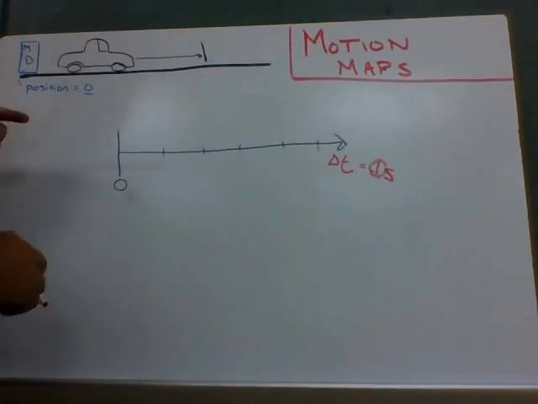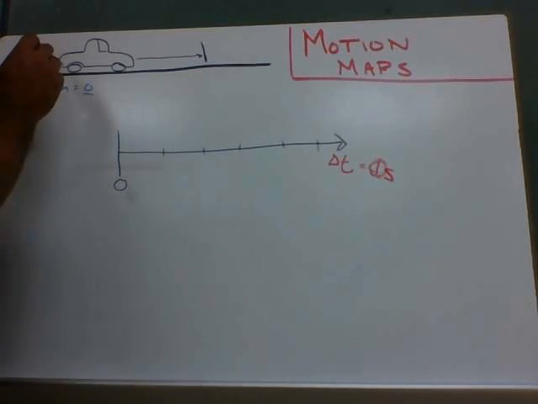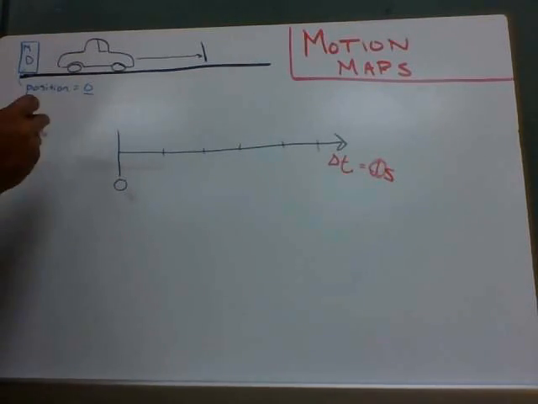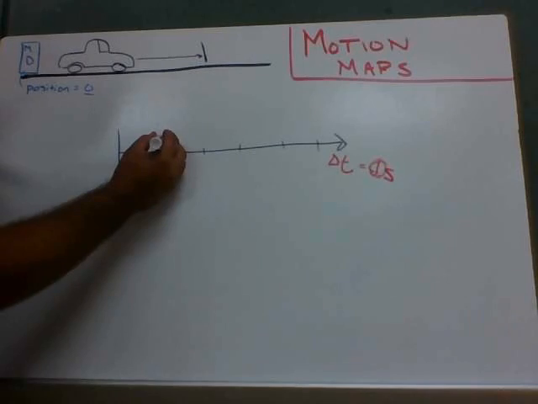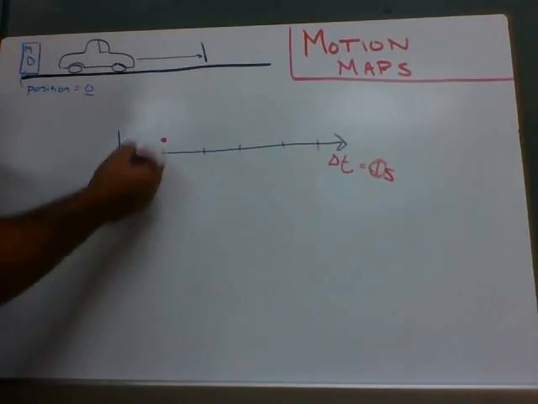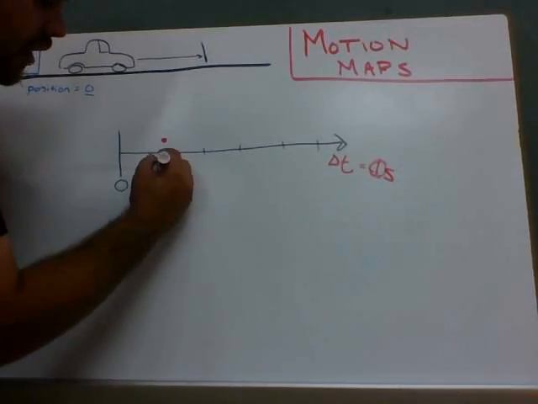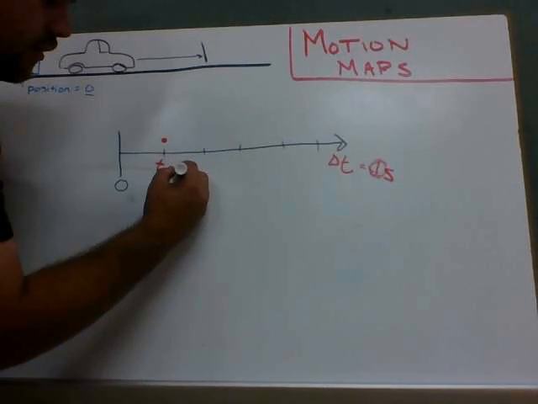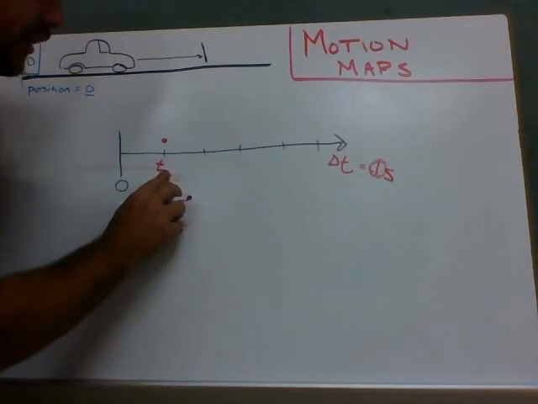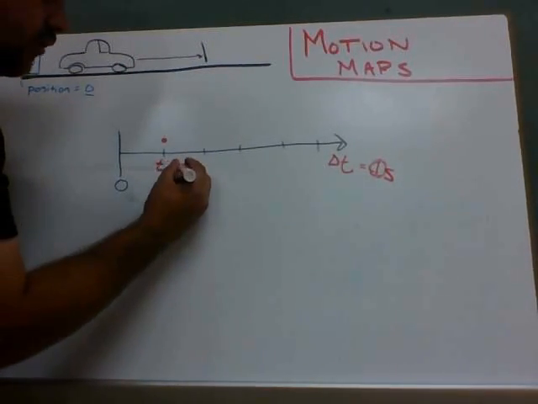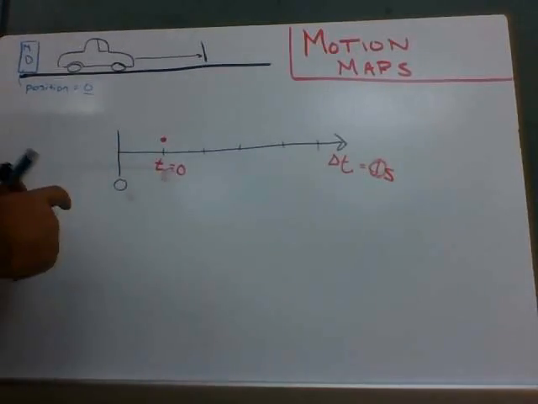So let's say it starts at 0 seconds. Let's say it starts not at 0 because it's not right on top of the motion detector. Let's say it starts right here. So I'm going to put that there. And right underneath that, I'm going to write T start, or T is equal to 0, just to indicate that that's our 0 time.